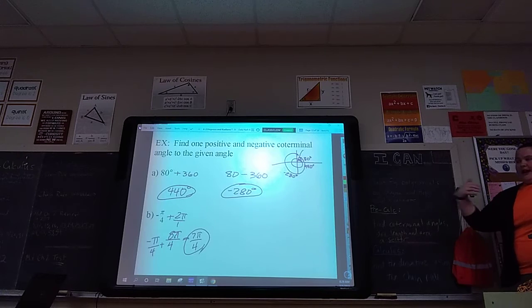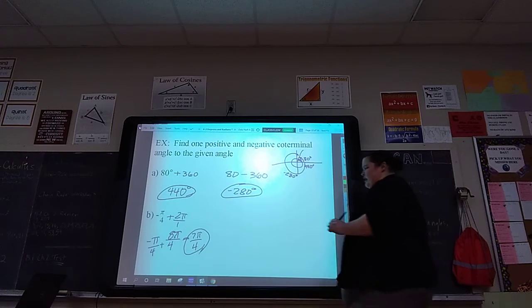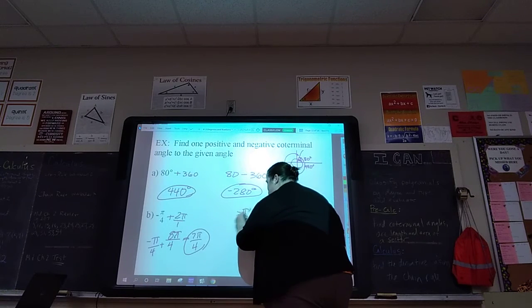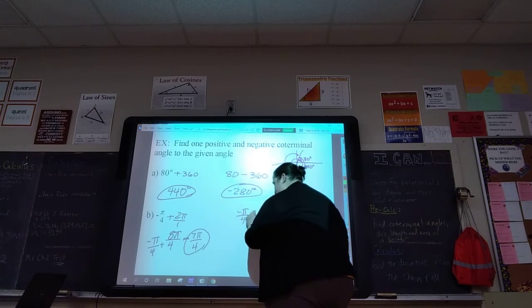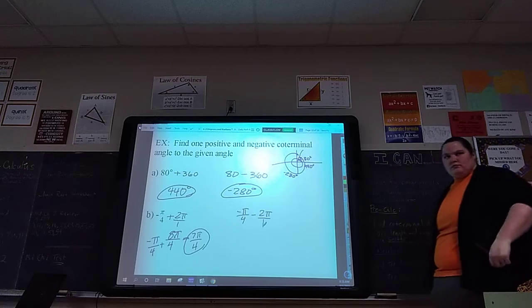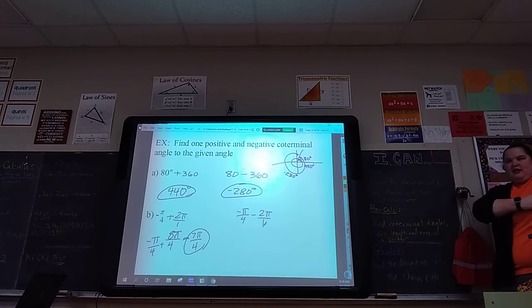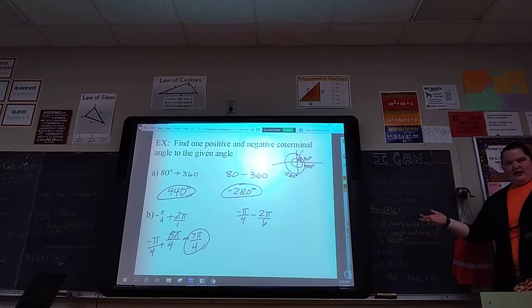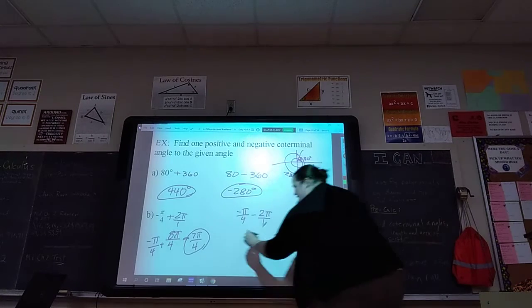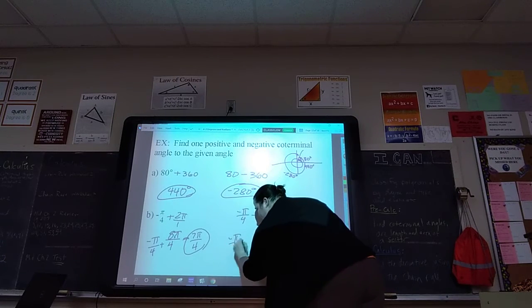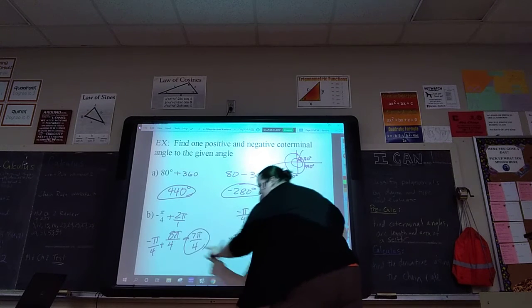So now I need another negative representation for that. So I'm going to take that initial angle, and instead of adding 2 pi, I'm going to subtract 2 pi. When I subtract fractions, what do I have to have? Common denominator. What's my common denominator going to be? 4. So really, I'm going to take negative pi over 4, and I'm going to subtract 8 pi over 4 again.